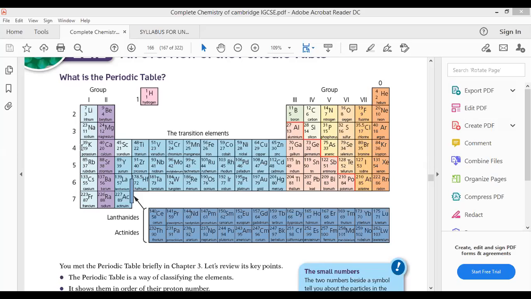Same system means same properties. Excellent. Because their properties are similar, either physical or chemical. Did you get it now? Both types of properties are similar, physical or chemical. Excellent. Now, the next one is period.